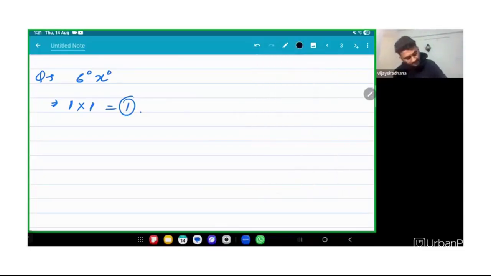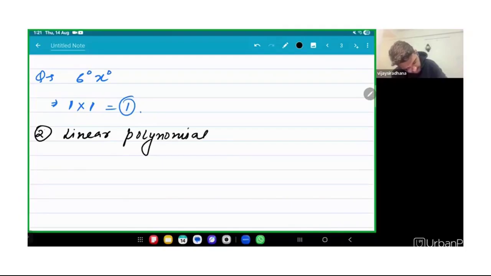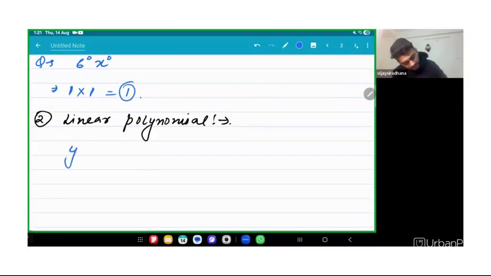The second one is the linear polynomial. Now students, for a linear polynomial, one example is y plus 2, 4x, 6x, 7x plus 2y.